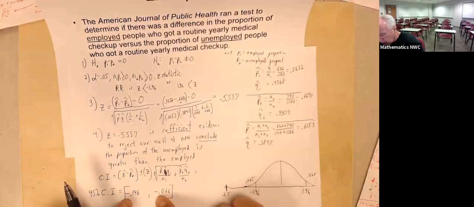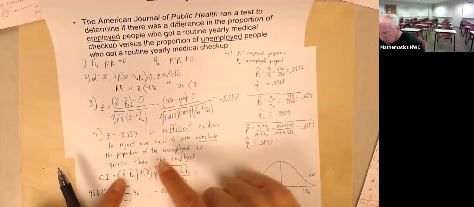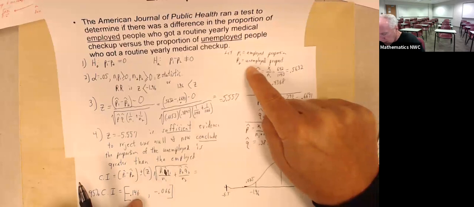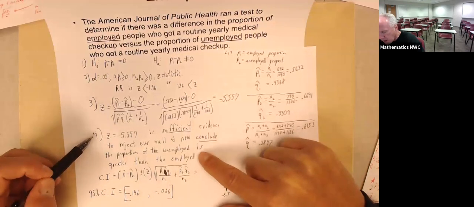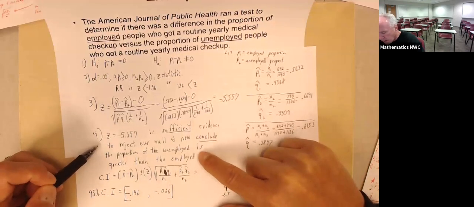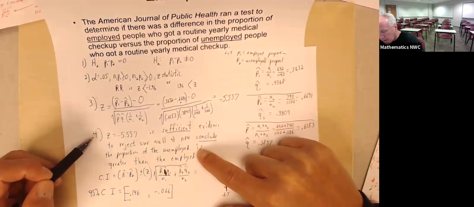If it went from a negative proportion to a positive, then I wouldn't be sure which one is greater. But because it's negative to negative, and I'm looking at the difference, the second one has to be greater. And I'm 95% sure of that. Not a big surprise, because that's what our conclusion was of our hypothesis test up here in step number 4.